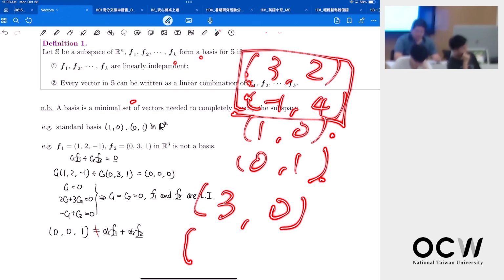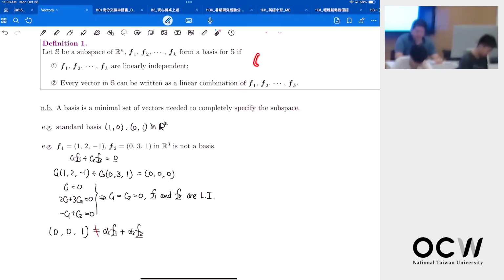Then these two will be a basis. They are not necessarily orthogonal. So as long as you can use two vectors to express any other vectors, those vectors are called bases.